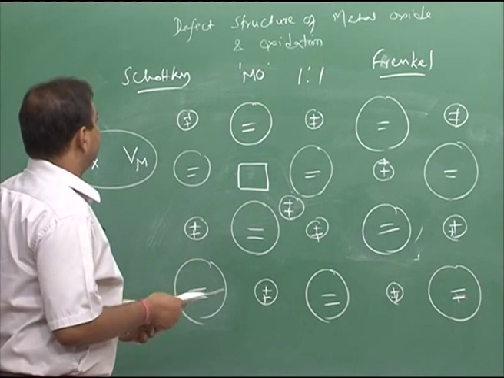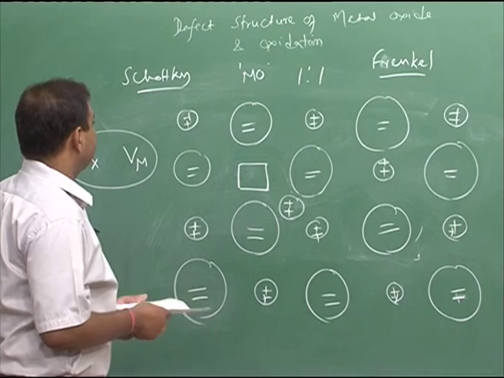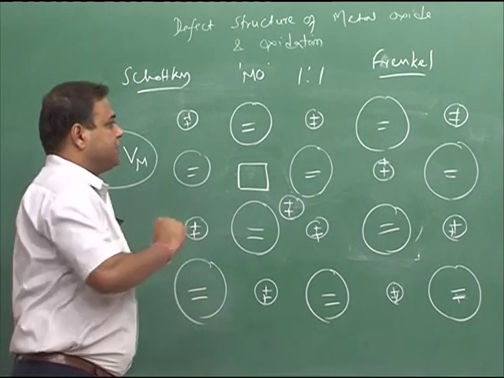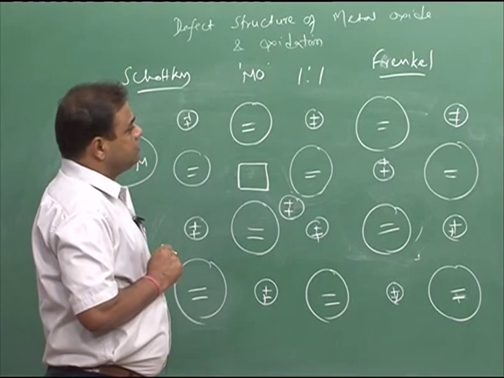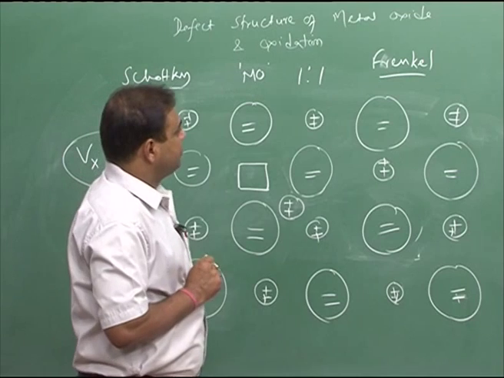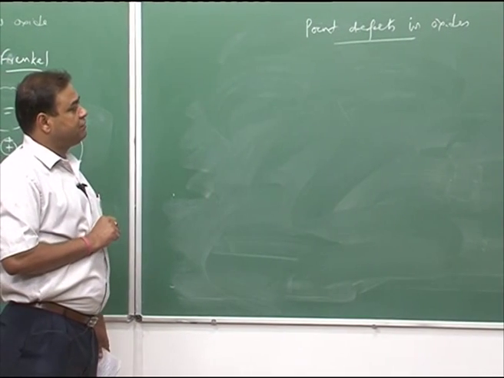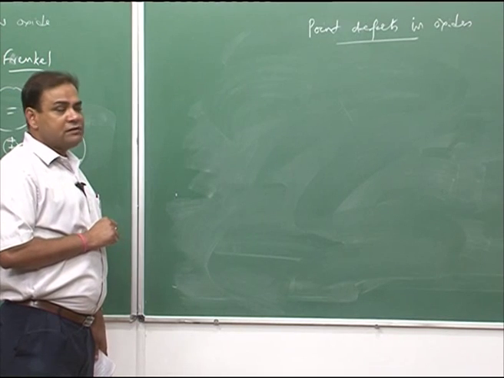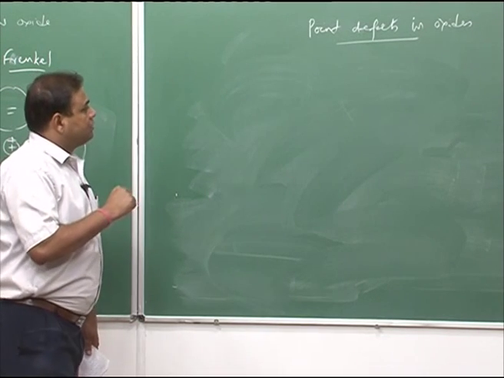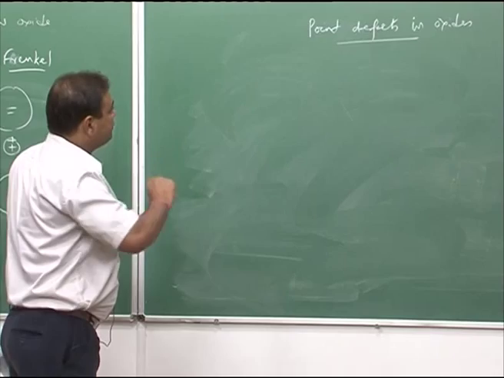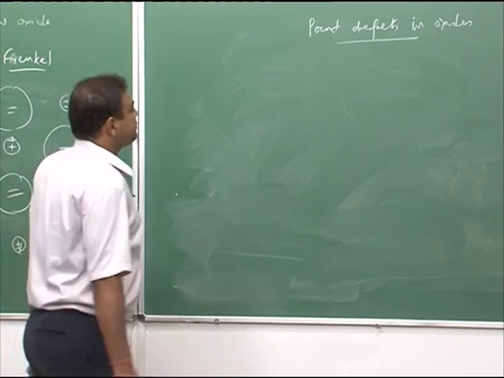Stoichiometry is very hard to find because thermodynamically they are unstable. So, in order to explain the oxidation behavior of metal, we need to concentrate more on non-stoichiometric defects.